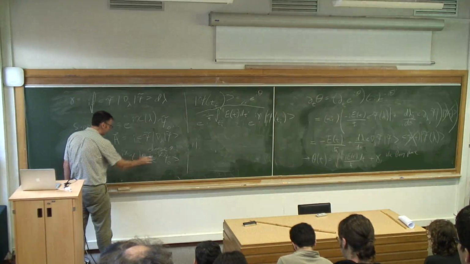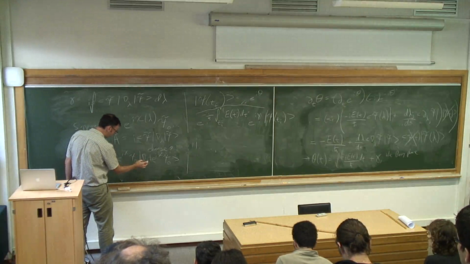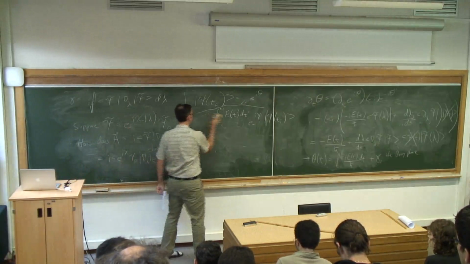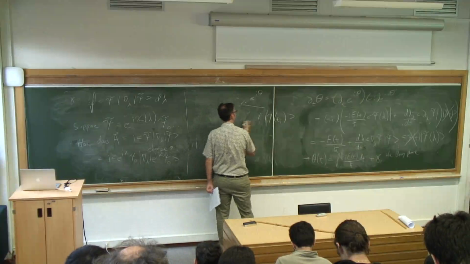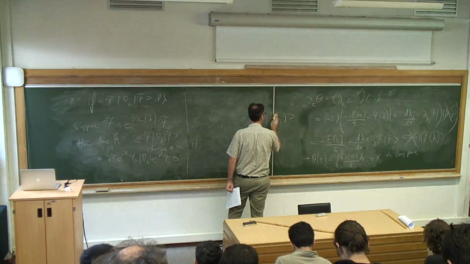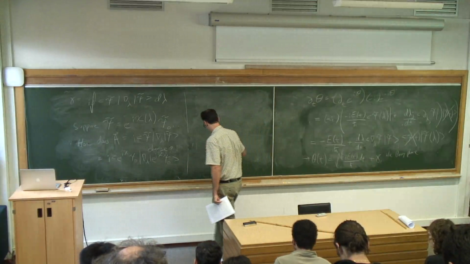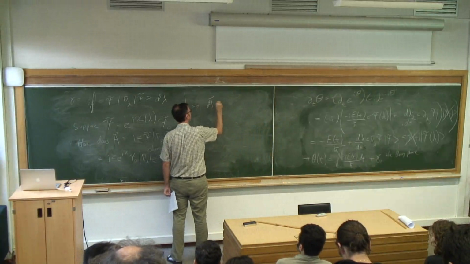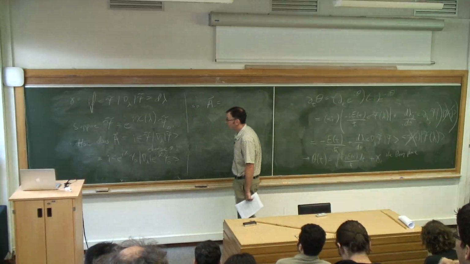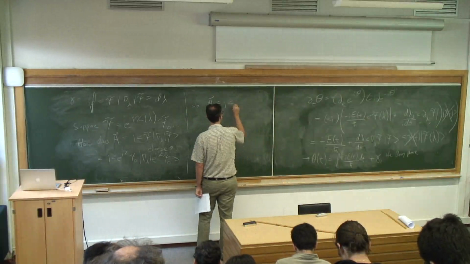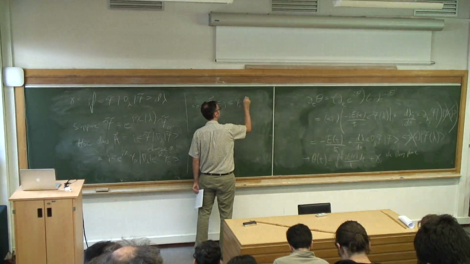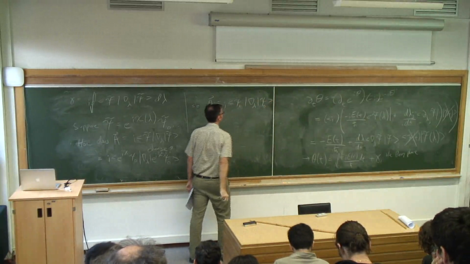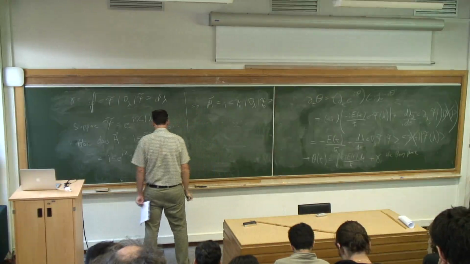So I'll get what I had before, but I'll get a new term. The new term comes from when the gradient acts on the phase factor. So if I make that change, then A is now I psi 0 grad lambda psi 0 plus a new part.